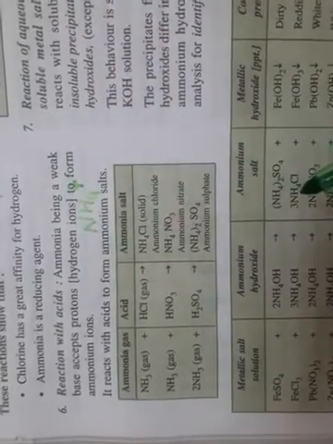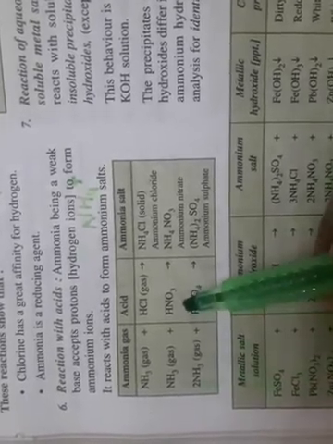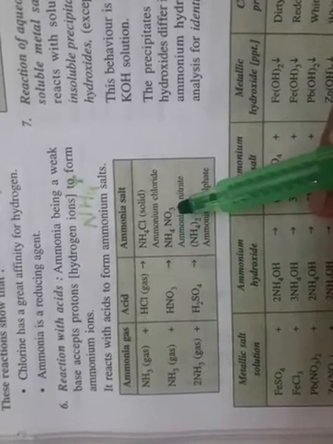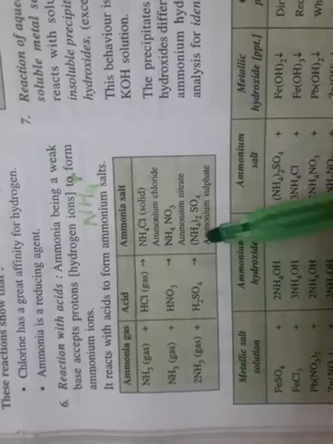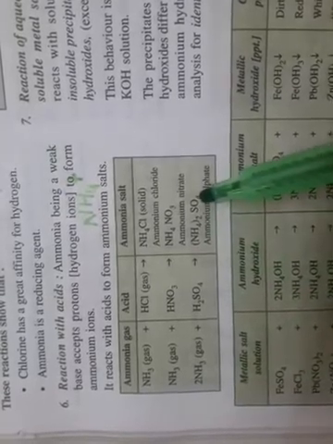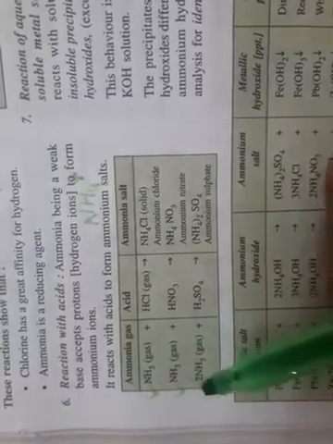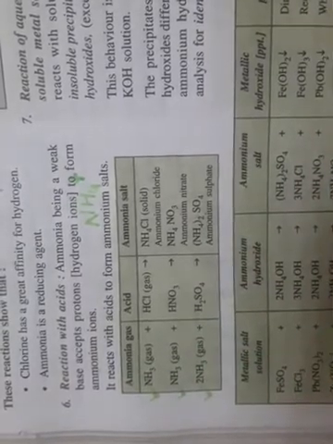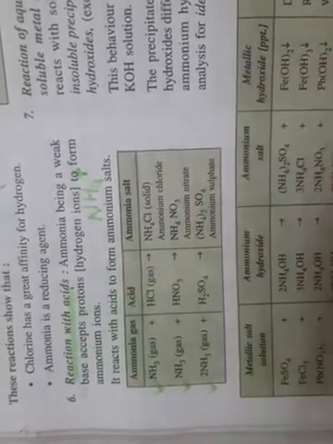I have been repeatedly telling you this. NH3 plus HNO3 gives NH4NO3, ammonium nitrate, and 2NH3 plus H2SO4 gives (NH4)2SO4, ammonium sulfate. These three equations you will write under the heading reaction with acids.